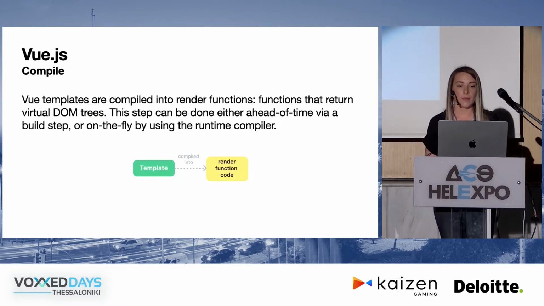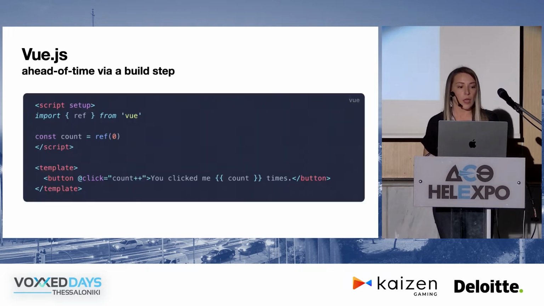But basically, as I said, Vue templates are compiled into render functions, and this can be done in a few ways. It can be done either ahead of time via a build step, so we would need something like a command line interface to compile our template, or it can be done on the fly by using the runtime compiler, or by writing our own render functions.